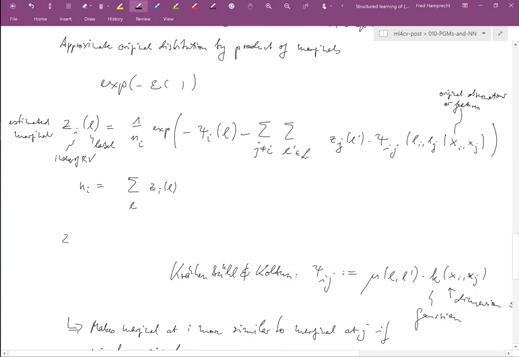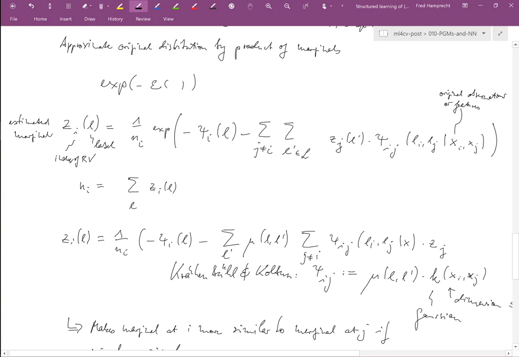We will have Z_i of L, and now I do first a summation over the labels L prime, and then I'm pulling out this compatibility function mu of L and L prime, and then there comes the other summation over all sites j other than i, times C_j of L prime.